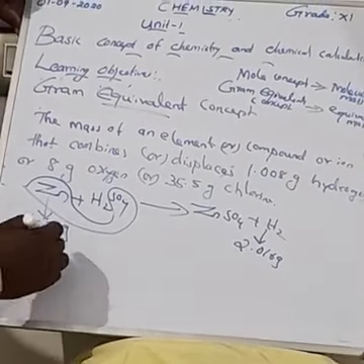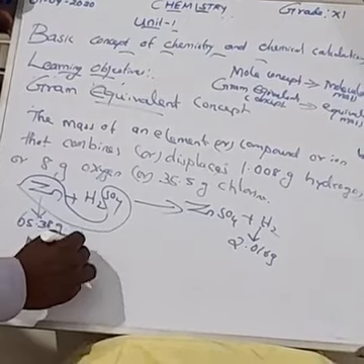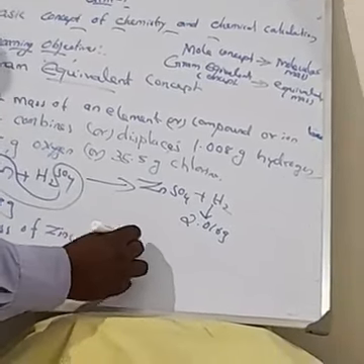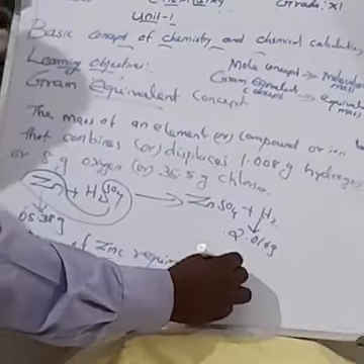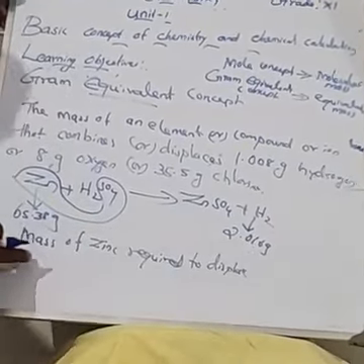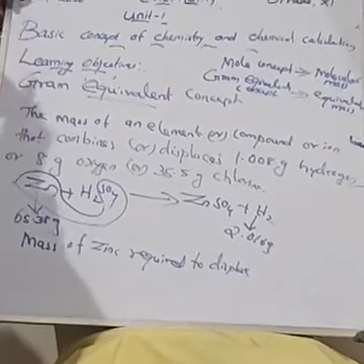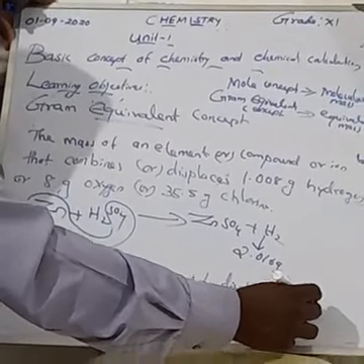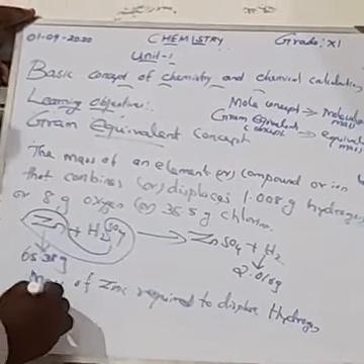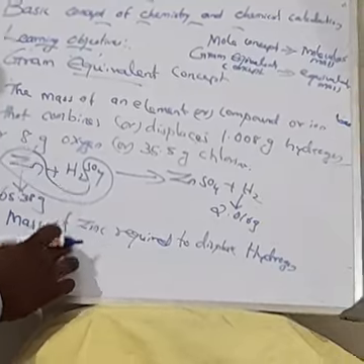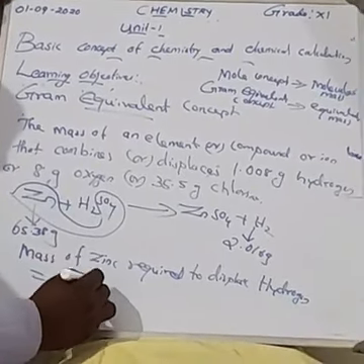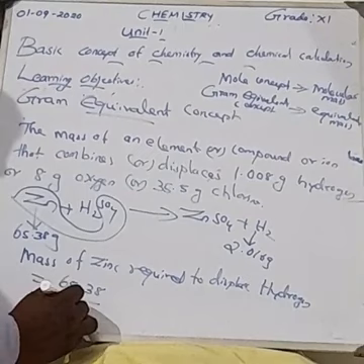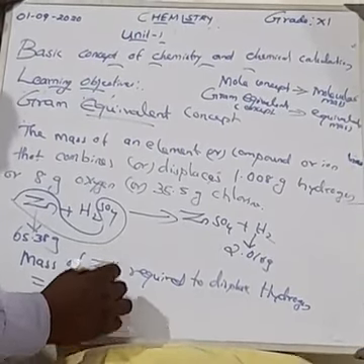Now we can calculate the mass of zinc required to displace hydrogen. It is 65.38 divided by 2.016, which is approximately 32.43, multiplied by 1.008, the value for one hydrogen atom.